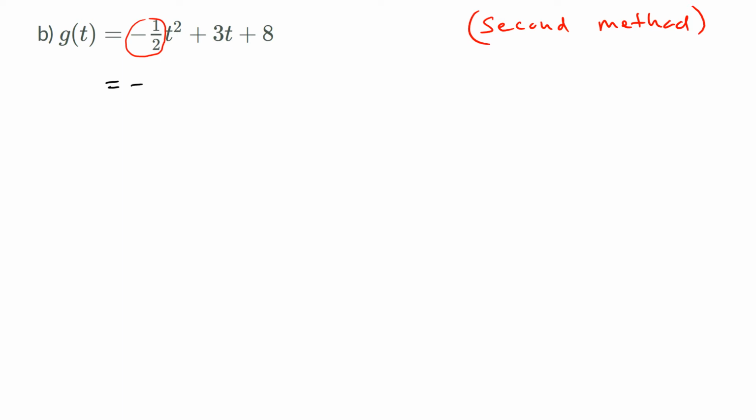When you factor out negative 1/2, that means you divide by negative 1/2. Dividing by negative 1/2 means multiplying by negative 2. So what we are doing here is dividing by negative 1/2. Dividing by negative 1/2 means you can multiply the top and bottom by negative 2.